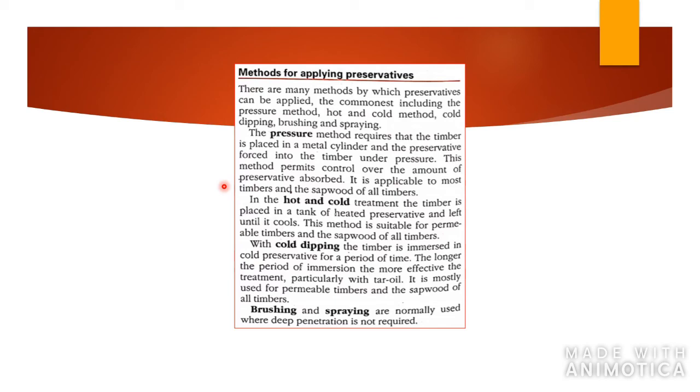And you have brushing and spraying. When we talk about brushing, paint is also a preservative. You have varnish, you have stains, you have all different types of things that you can brush on to prevent any insects from entering your stock.